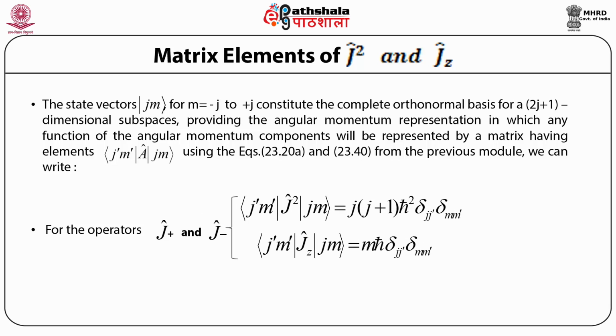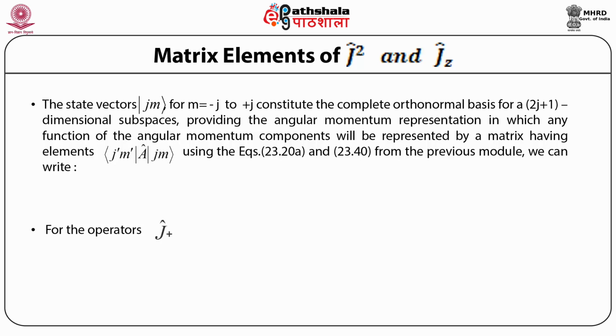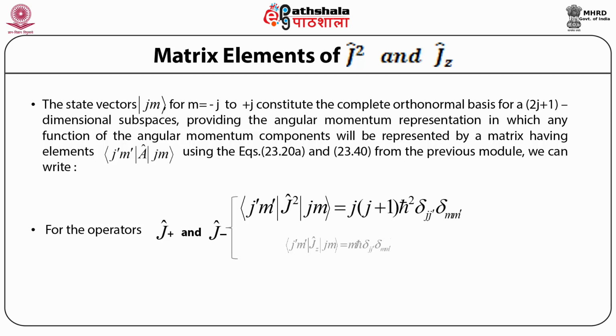So what one sees is that h cross is the Planck's constant, and j(j+1) h cross square are the corresponding eigenvalues.